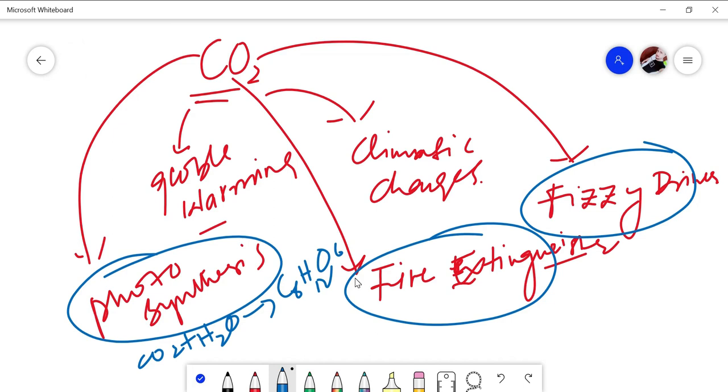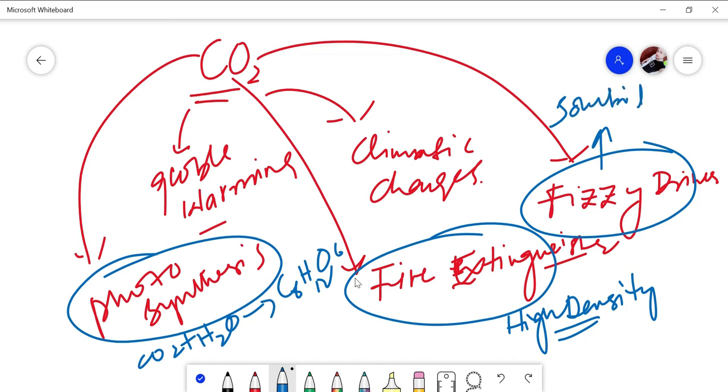Fire extinguisher, why is it used in fire extinguishers? High density makes carbon dioxide cover the area around the fire, cuts off the supply of oxygen, and the fire is gone. Fizzy drinks: solubility.